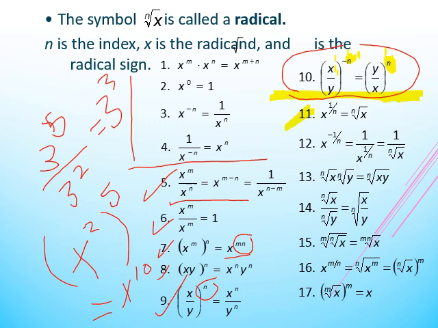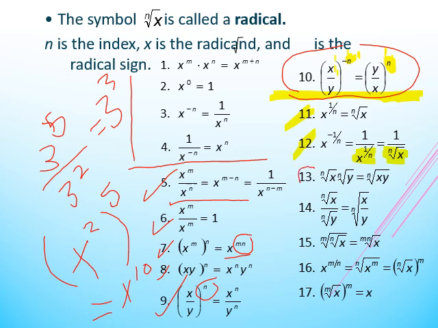The nth root means root x with index n. Number 12, if we have a negative exponent and we want to get rid of it, we convert it to a positive one by using 1 over x to the power 1 over n, and then convert the exponent to a radical sign.